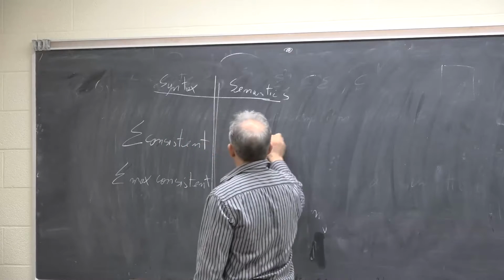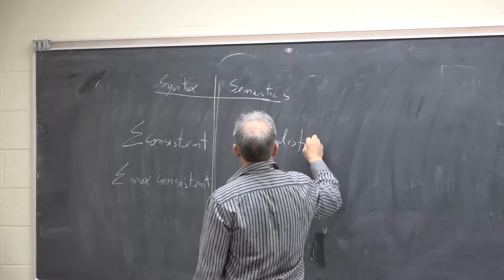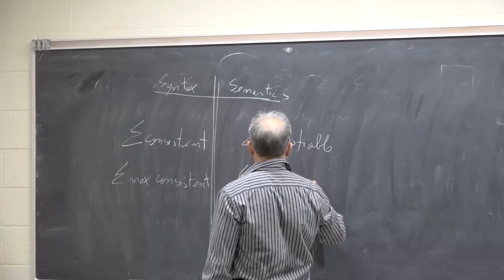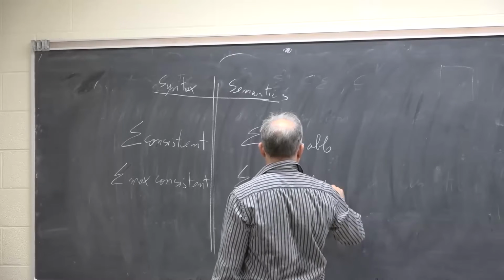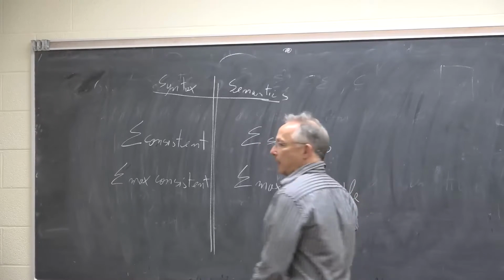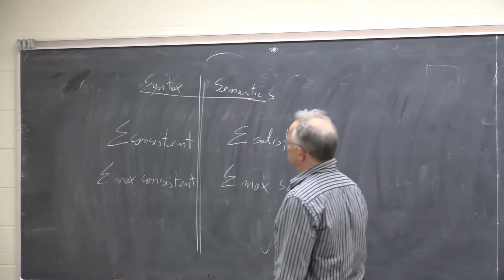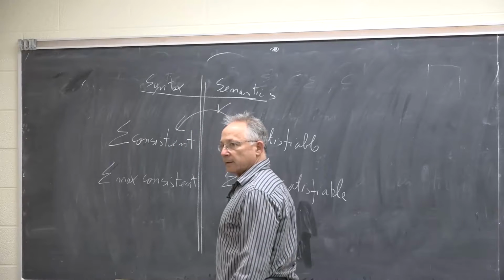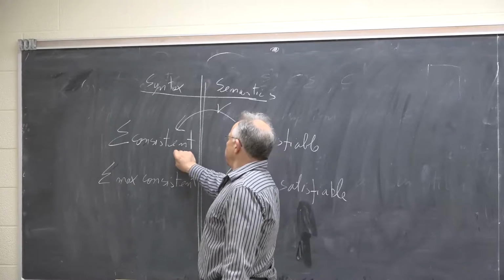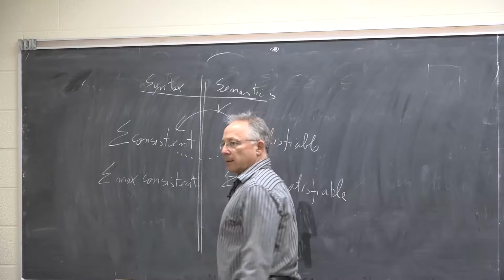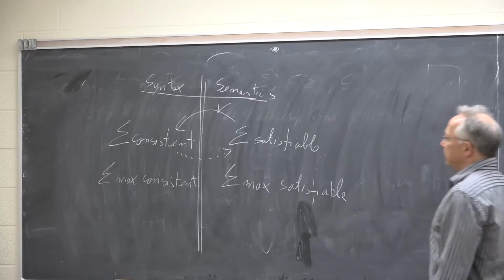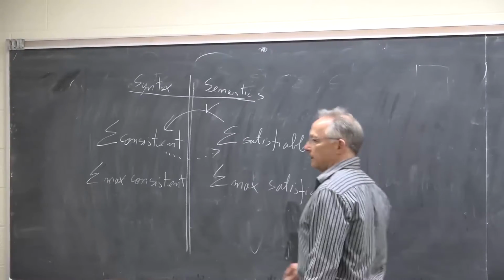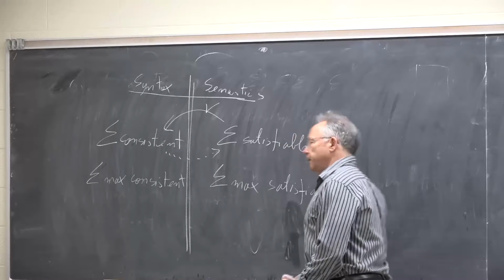And here we have the notion of sigma being satisfiable and sigma being maximally satisfiable. And we've already seen that if it is satisfiable, then it is consistent. Now I want to show you this direction, that if it is consistent, then it is satisfiable. And then we will also show equivalence between these two.